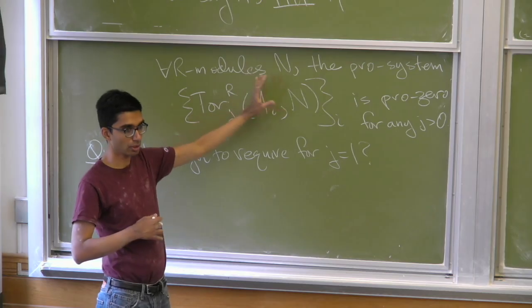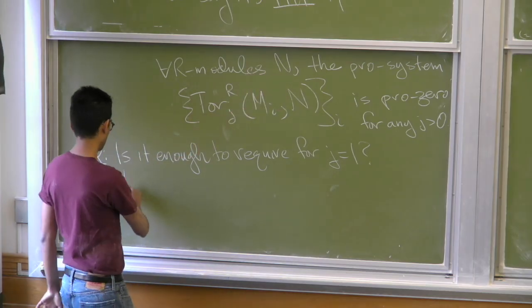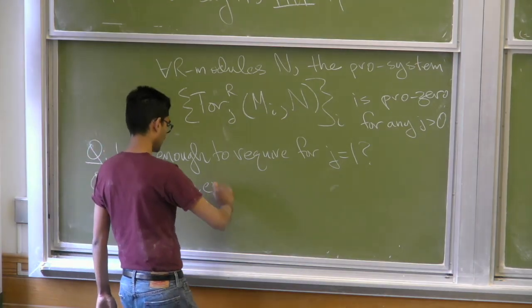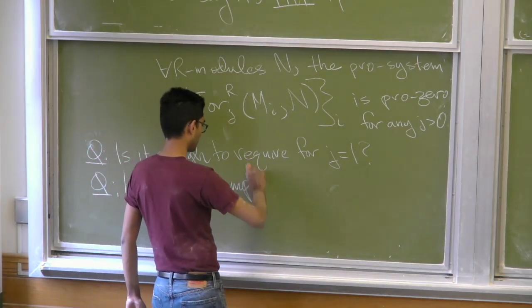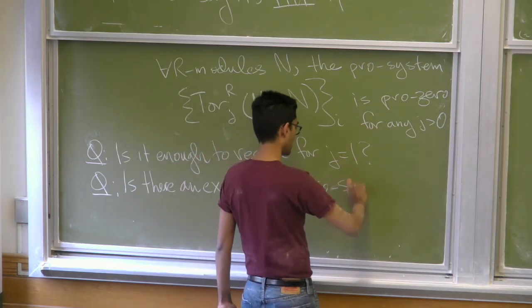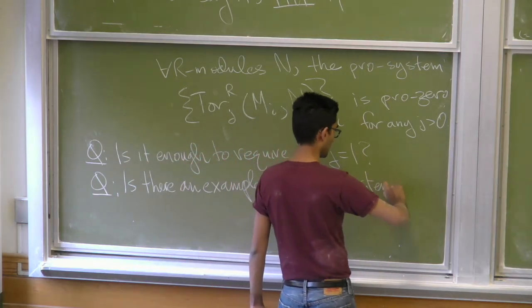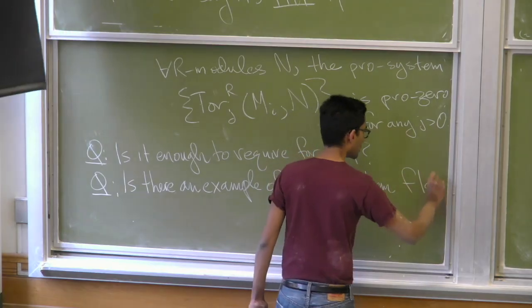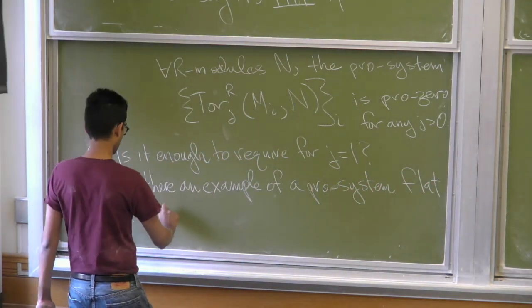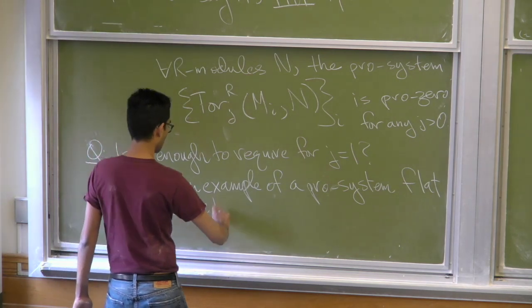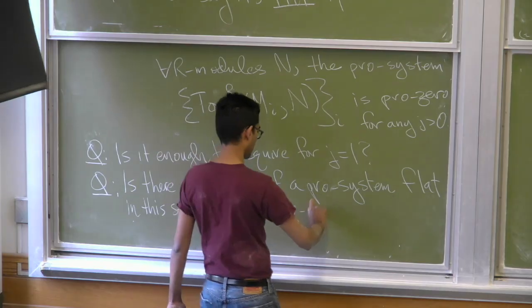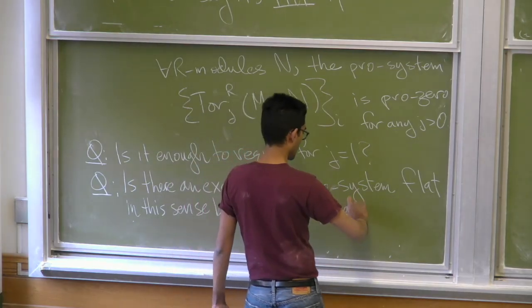So the question is: is there a nice example of a pro system which is flat in this sense, but not pro-equivalent to a diagram of flat modules?